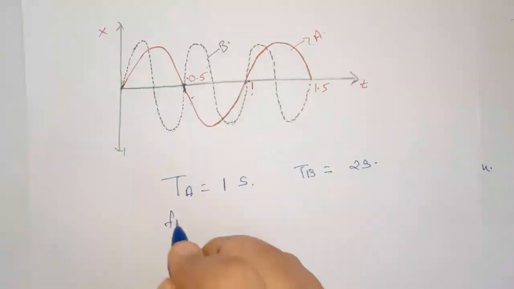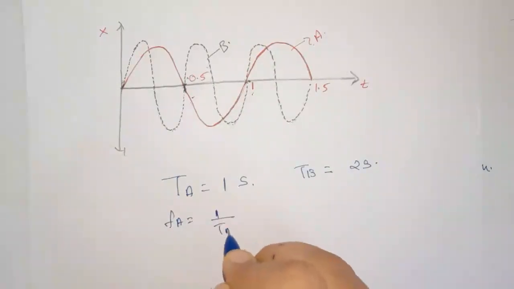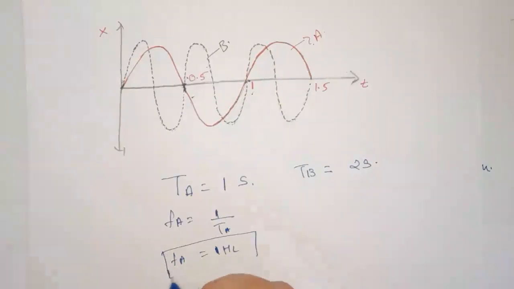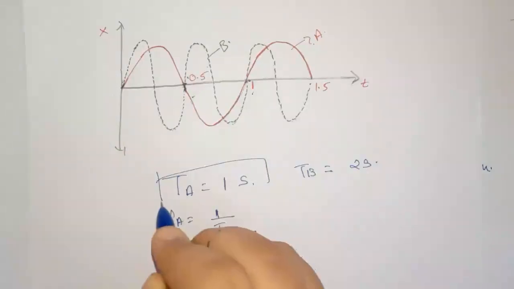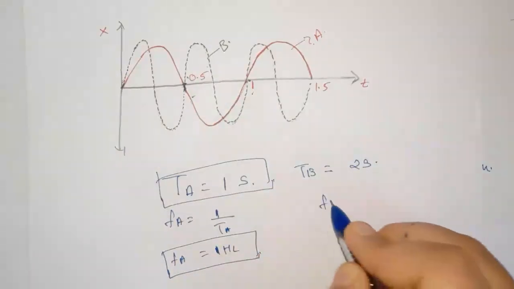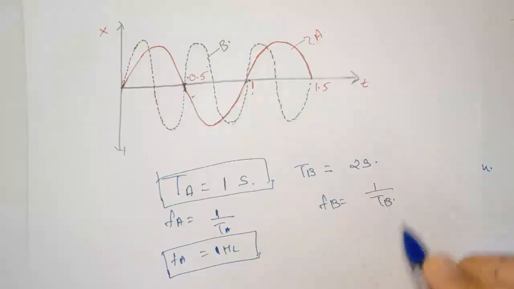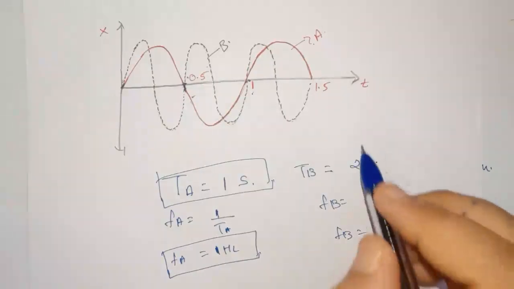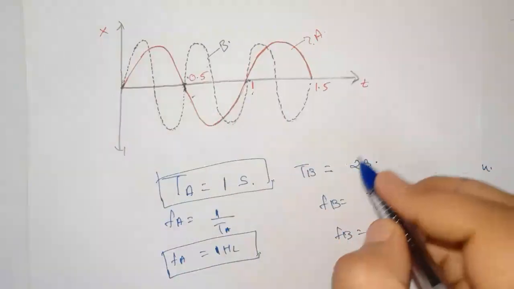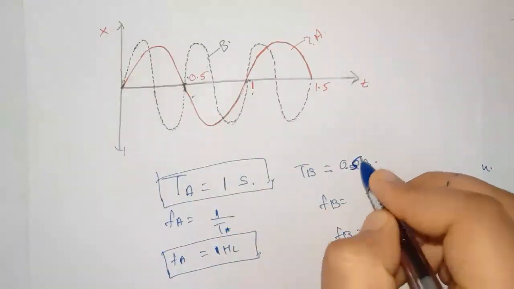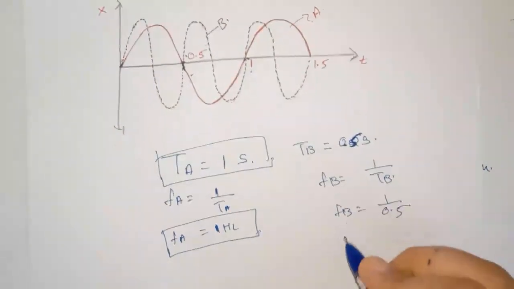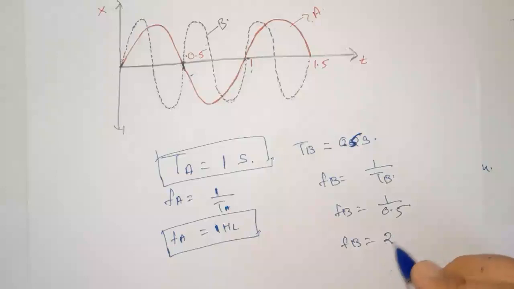Now the frequency of A is 1 upon time period, that is equal to 1 hertz, and frequency of B, that is 1 upon time period of B, the time period of B is 0.5 second. So 1 divided by 0.5, so fB will be equal to 2 hertz.